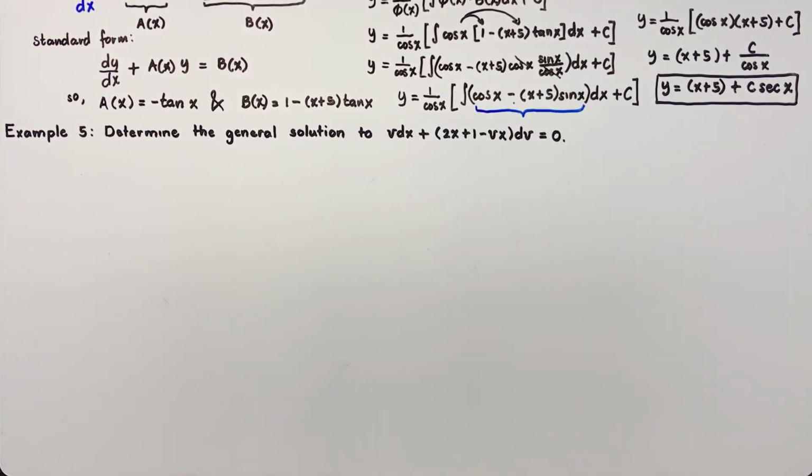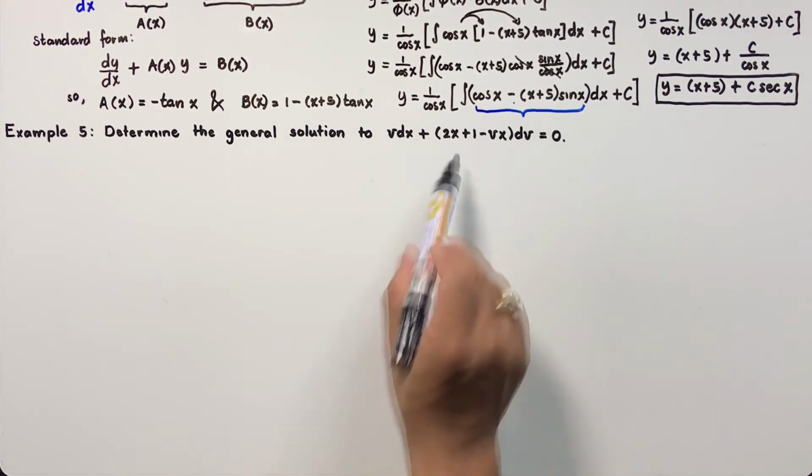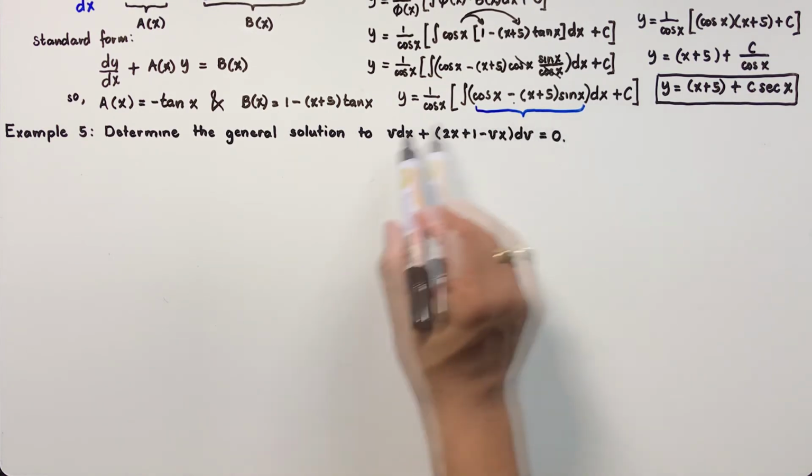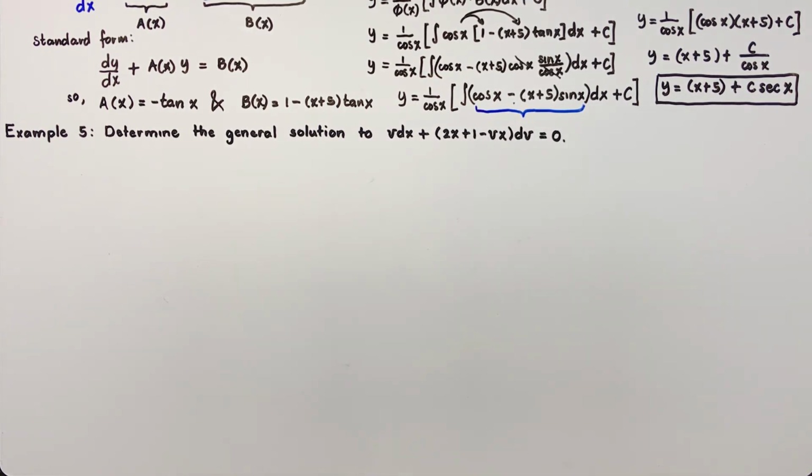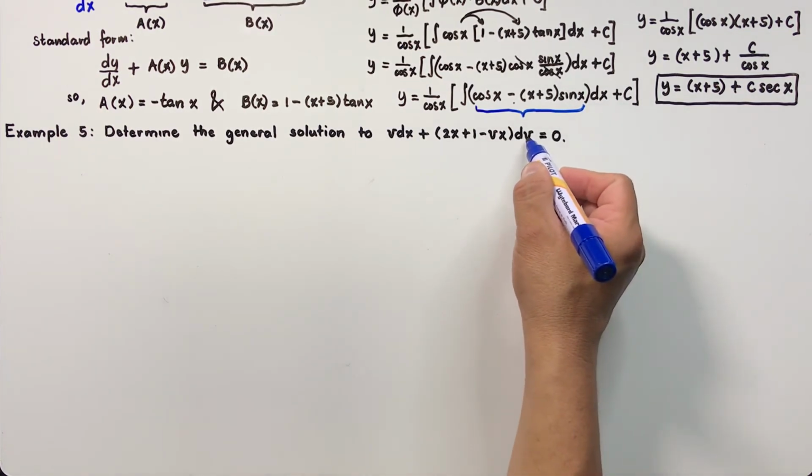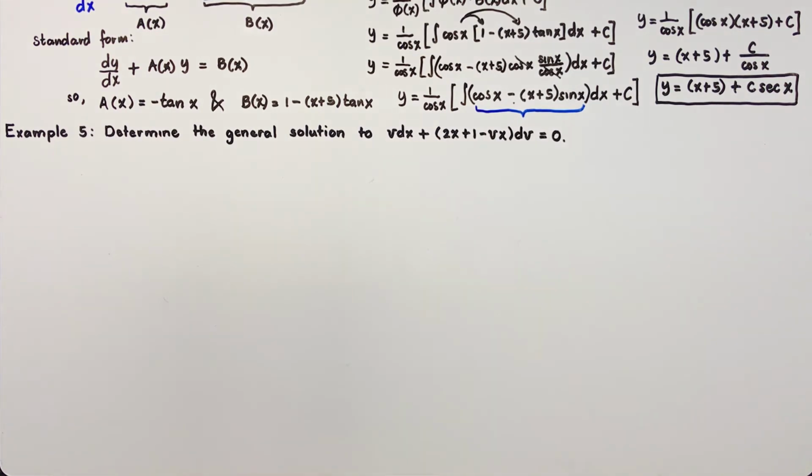Now let's proceed to our last example here. Determine the general solution for this differential equation. And to determine which one is our dependent variable here, we need to distribute our dv in this trinomial here.